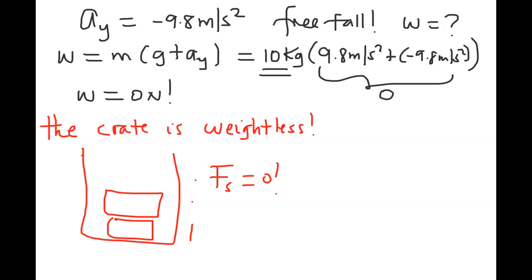All right, so note that astronauts in an Earth orbiting spaceship are also in free fall, and there is no scale force. Hence, they are weightless. They actually accelerate at the same rate as the spaceship, and the support force is 0. So let me take note of that.